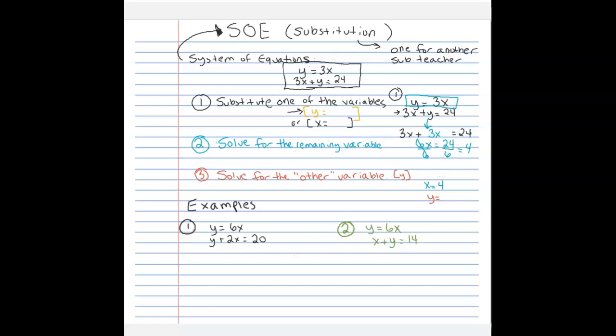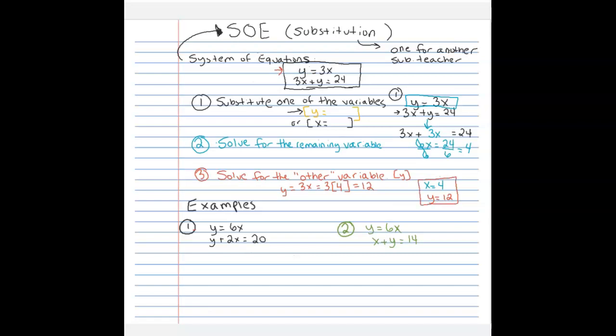So let's use the first one. y equals 3x. We know x here is 4, which means 12. 3 times 4 is 12. So y here is equal to 12.